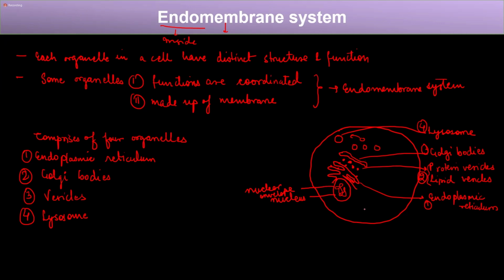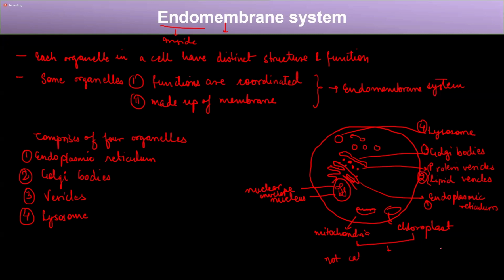Apart from this, cells also consist of different organelles such as mitochondria and chloroplast. There are certain others, but these will not be called part of the endomembrane system.